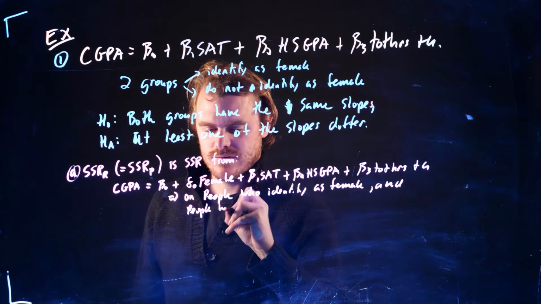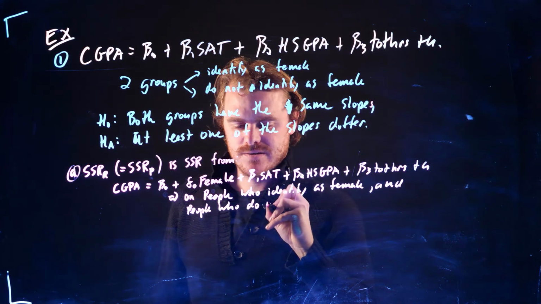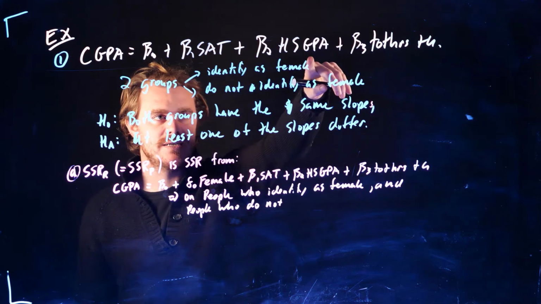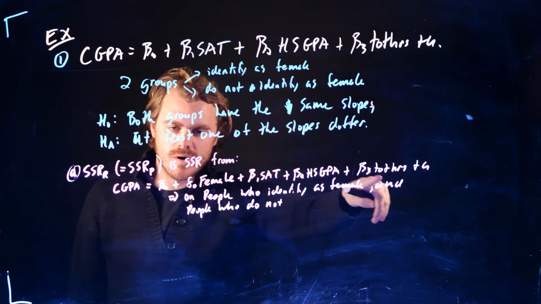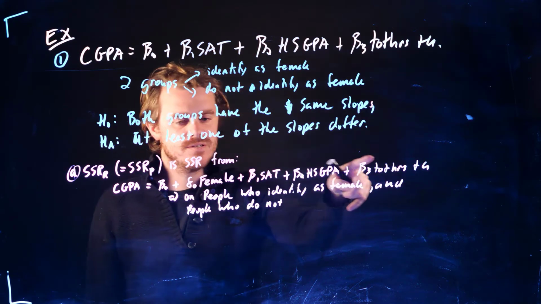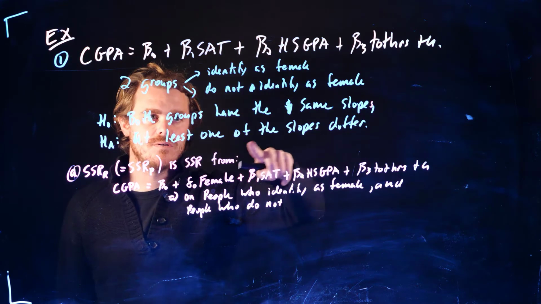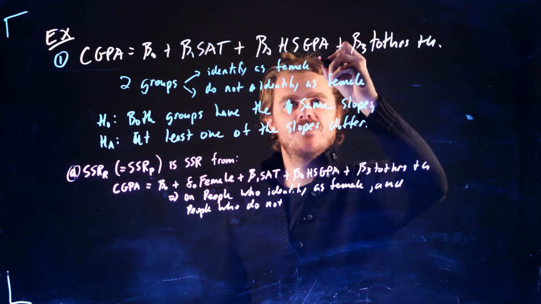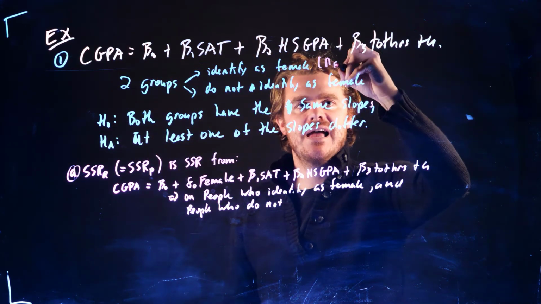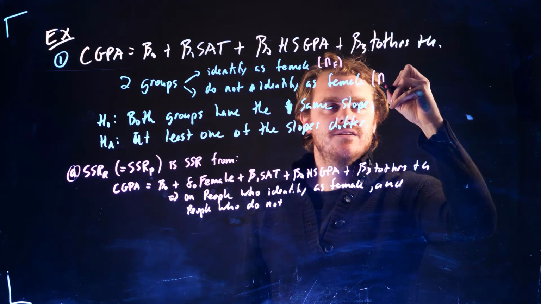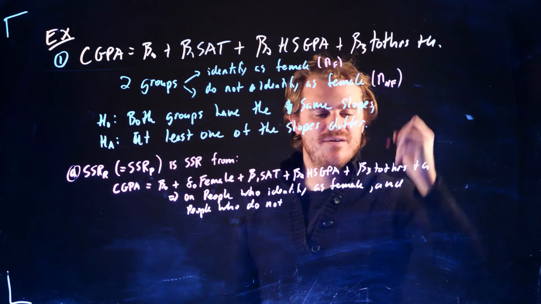If our entire sample is just people who identify as female and people who do not, we're going to run this regression on everybody in our sample. Let's say this is N_F for number of female, and this is N_F for number of not female.